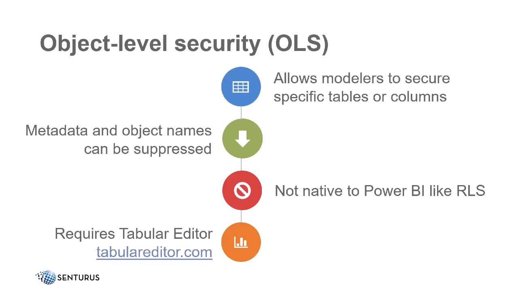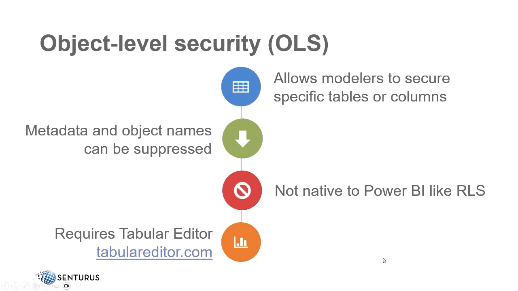Well, Microsoft said, we're going to give you row level security out of the gate. Cool, but where's object level security? What's the difference? Row level gets rid of the individual rows of data. Object level lets me wipe out an entire table or whatever and not let anybody see an entire object.